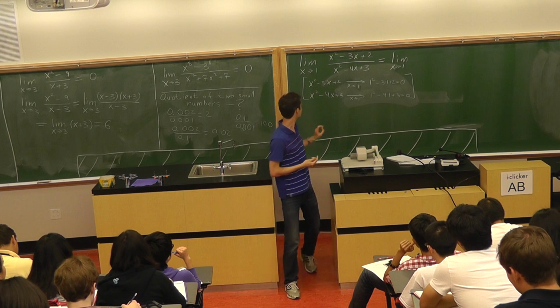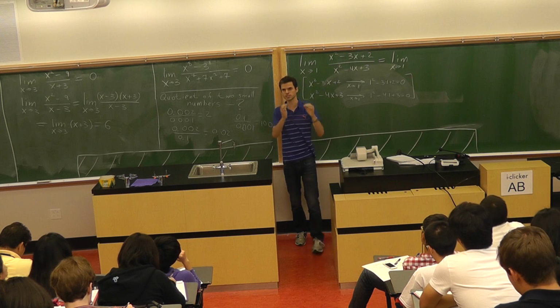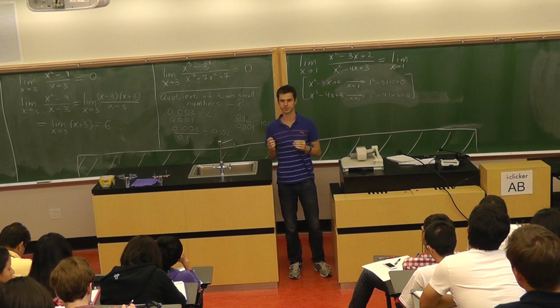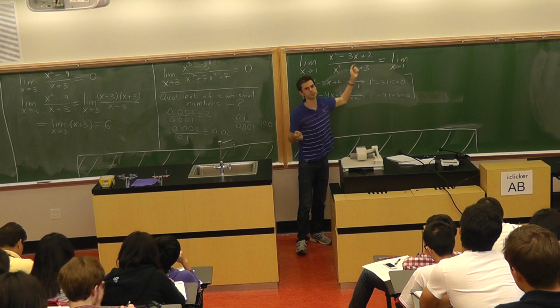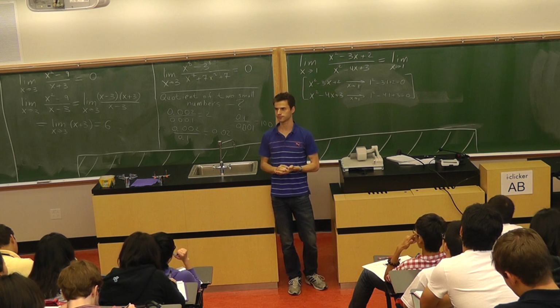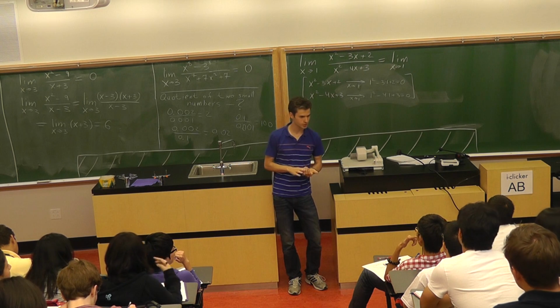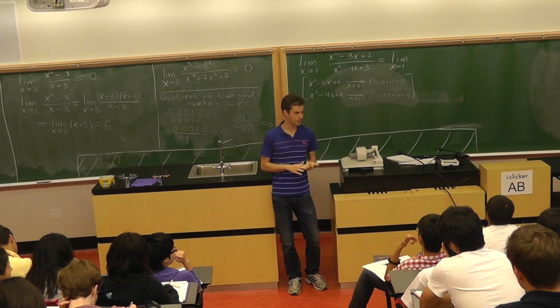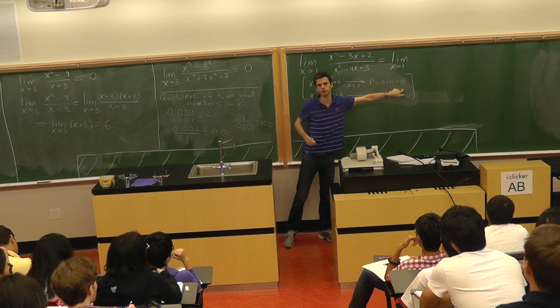The reason is, what are you trying to do? You want to write it as x minus something times x minus something else. So we want to find the roots where this polynomial is equal to 0. Well, we already found one. Which one? Yes, you said it right. We already found that at the point 1, my polynomial is 0.